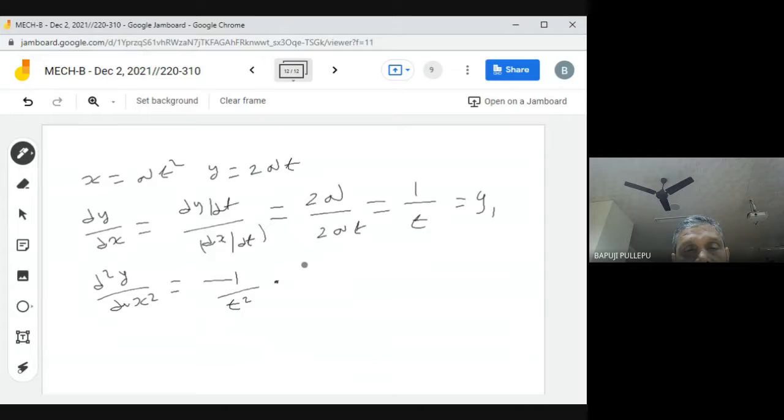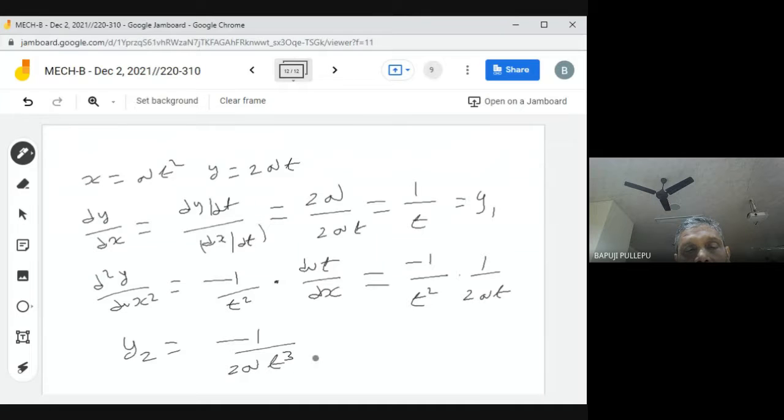Reciprocal of dx by dt, that is dt by dx. But actually, what is dx by dt? 2at. If you make it reciprocal, what will you get? 1 by 2at or not? So, minus 1 by t square into 1 by 2at. So, who is y2, sir? Minus 1 by, who will come? 2a t cube. Agree?